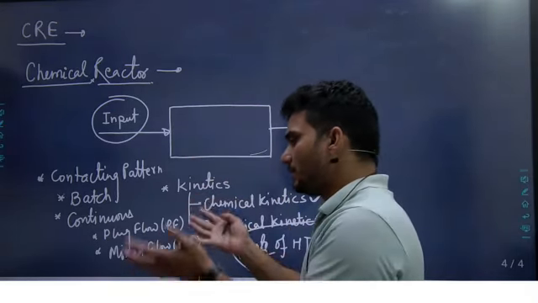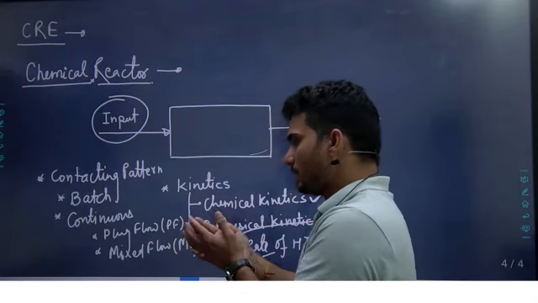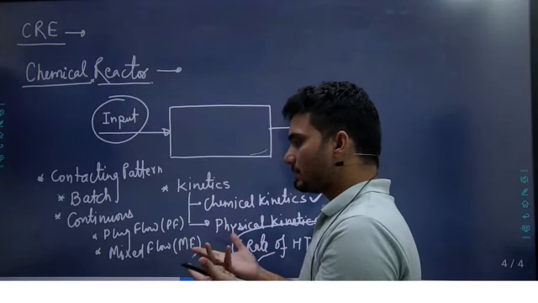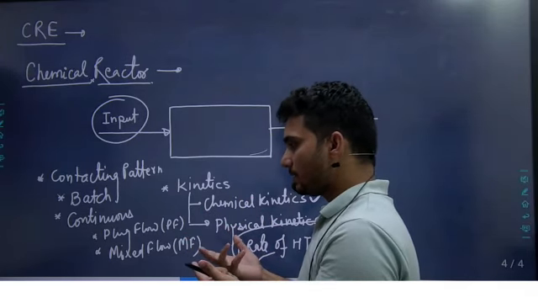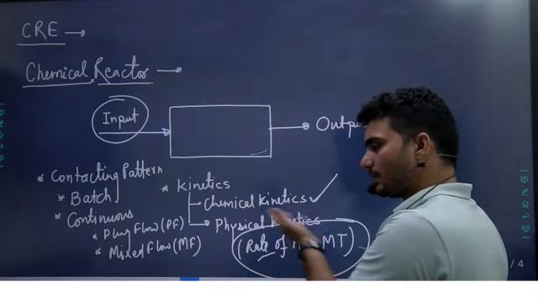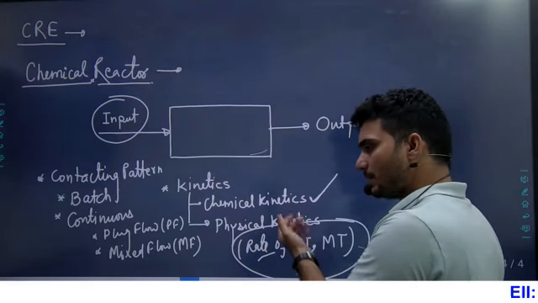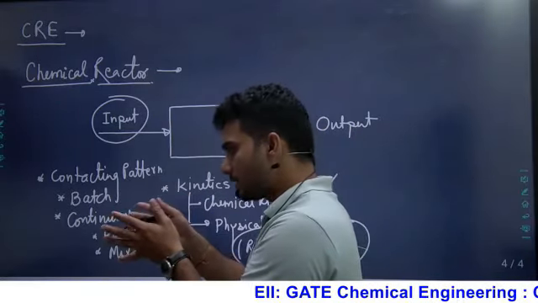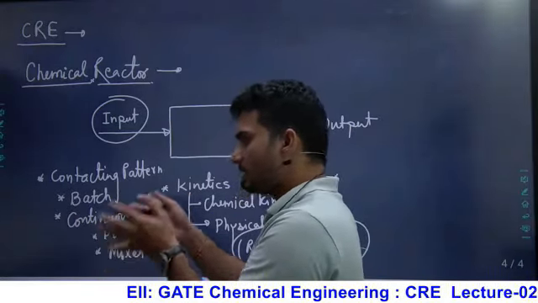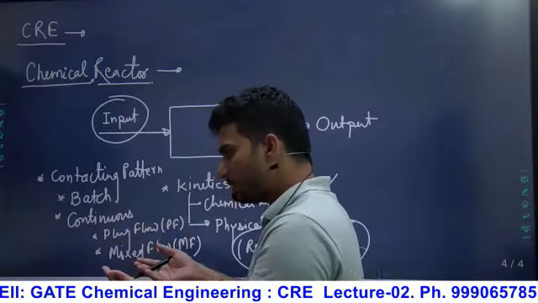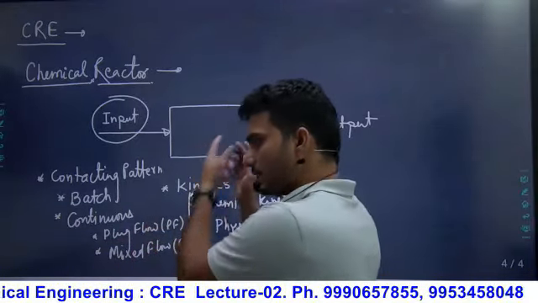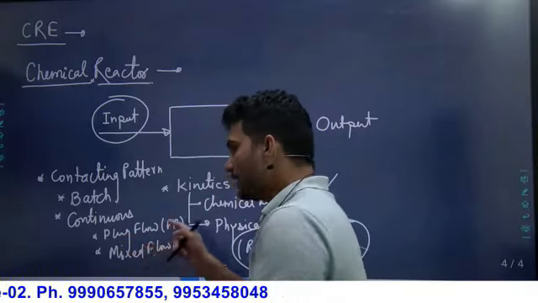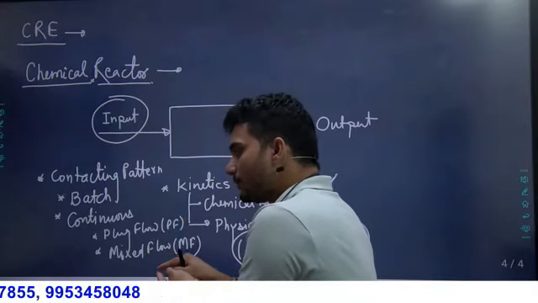To design that vessel, first of all we need to understand the kinetics of this reaction. For homogeneous we define chemical kinetics; for heterogeneous, chemical as well as physical kinetics. Other than that, the reactants react in batch mode or in continuous mode. In continuous mode, there is plug flow and mixed flow.